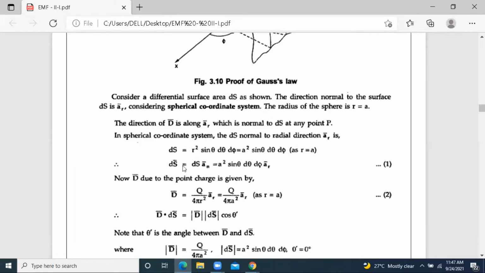So your differential surface vector is ds times A normal. So D, we know that D due to a point charge is given by this.